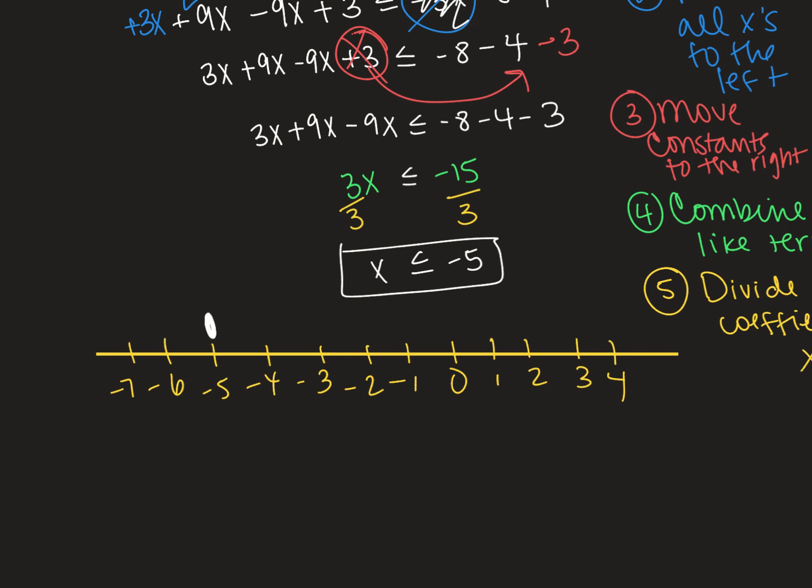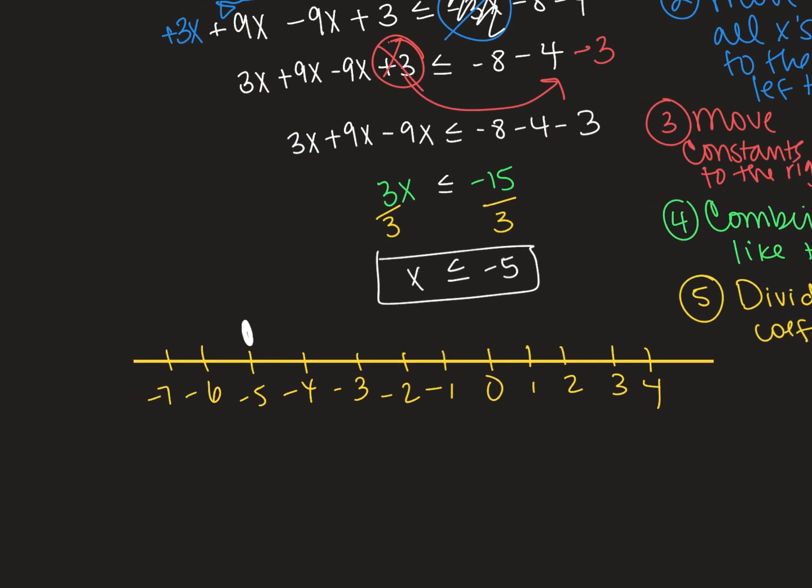And because my inequality sign is pointing to the left right here, my graph over here is also going to be pointing to the left, showing all the numbers to the left of that negative 5 that are less than that negative 5 would make this inequality true.